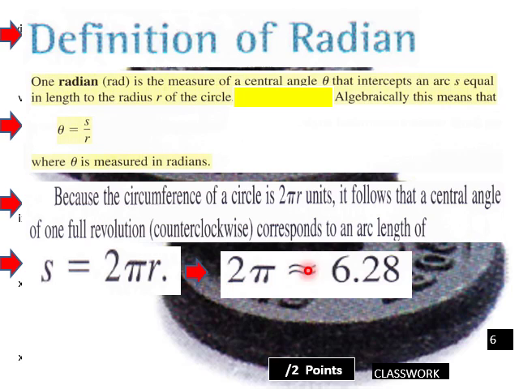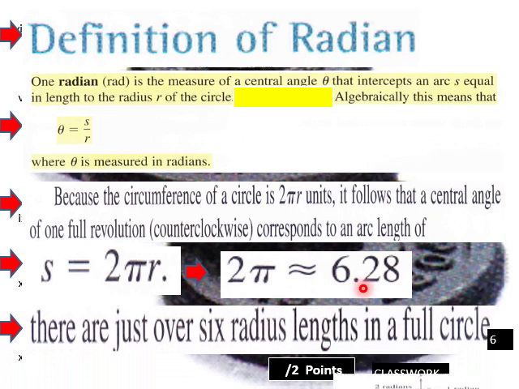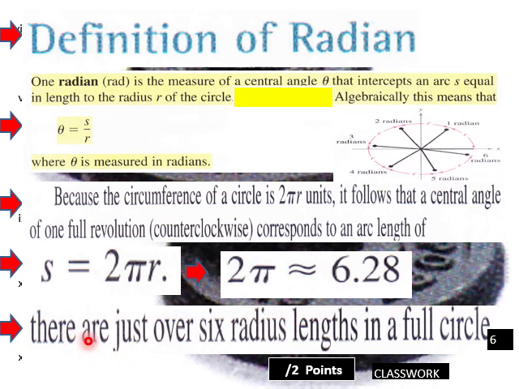So 2 pi equals 6.28. Pi is approximately 3.14, so 2 pi would equal 6.28. So there are just over 6 radius lengths in a full circle. Here's about 6 radius lengths, and then a little bit more, which is your 0.28.